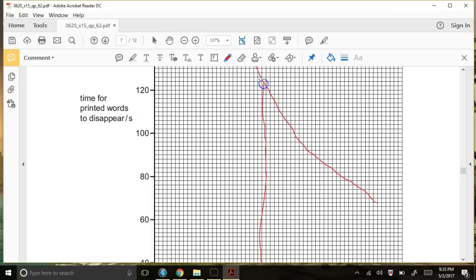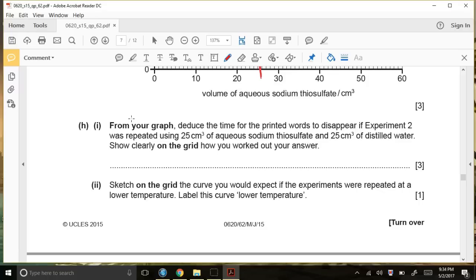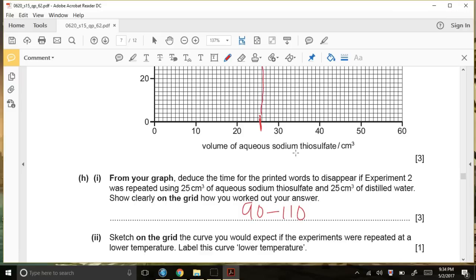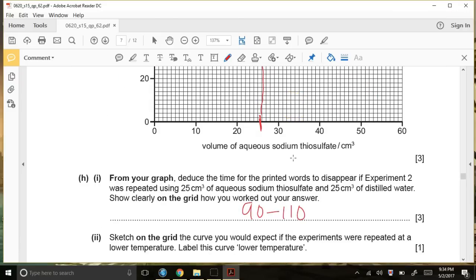I'm just doing a rough one to speed up, and then you should draw a line towards this side, and try to figure out at what value you get there. I think the correct answer was somewhere between 90 to 110. Your answer should be between 90 to 110. Please make sure you do that. I'm apologizing for the rough sketch, but that's just to save some time. I hope you understood the idea though.